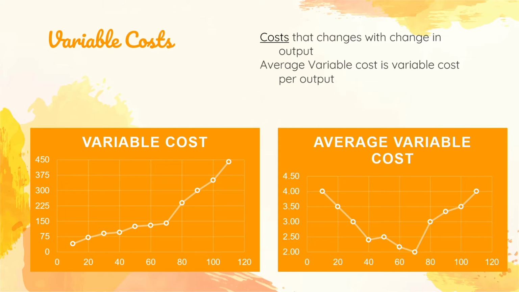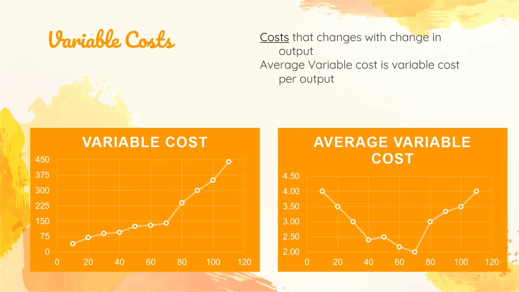Okay, average variable cost is the variable cost per output. As the term says, average means average cost upon output, and over here it starts to decrease and then again increases.